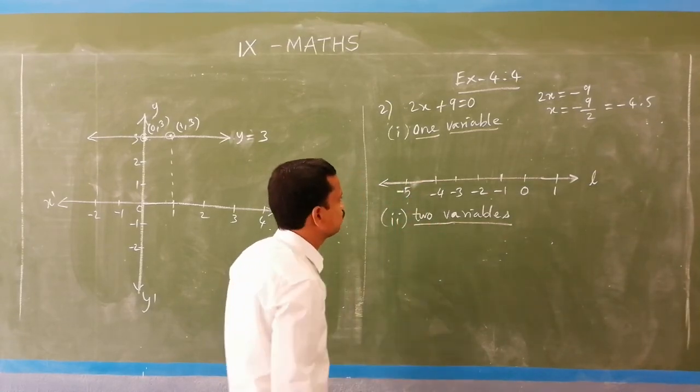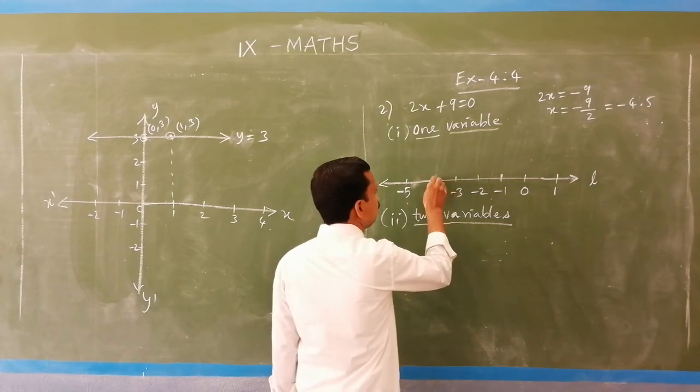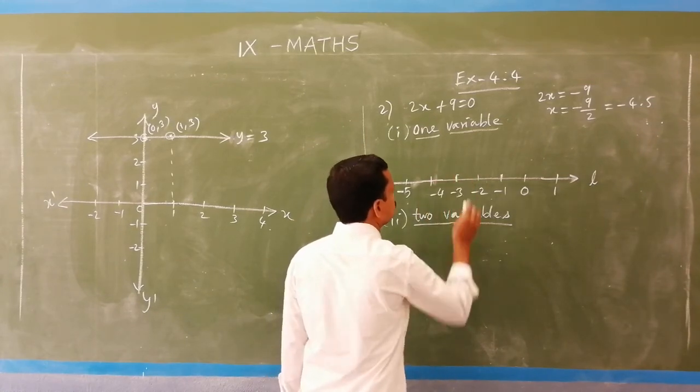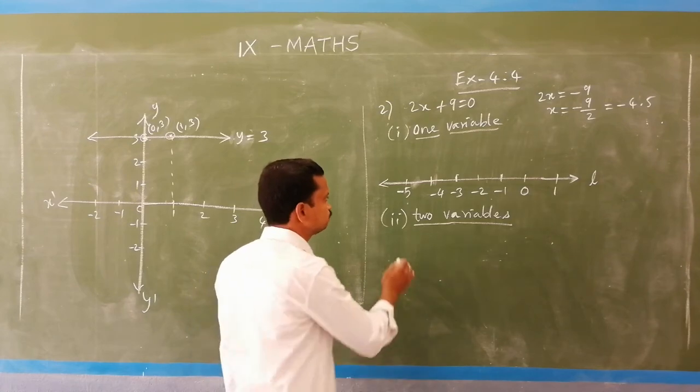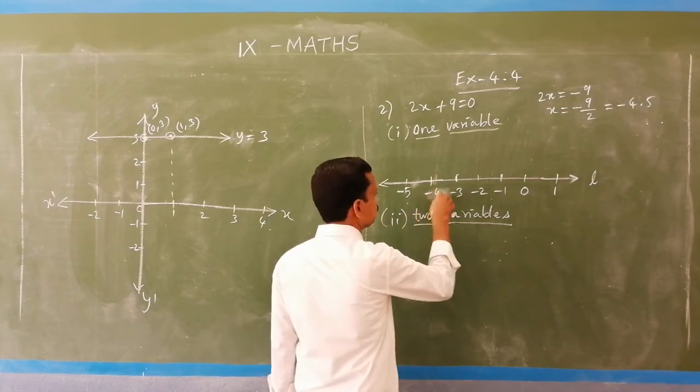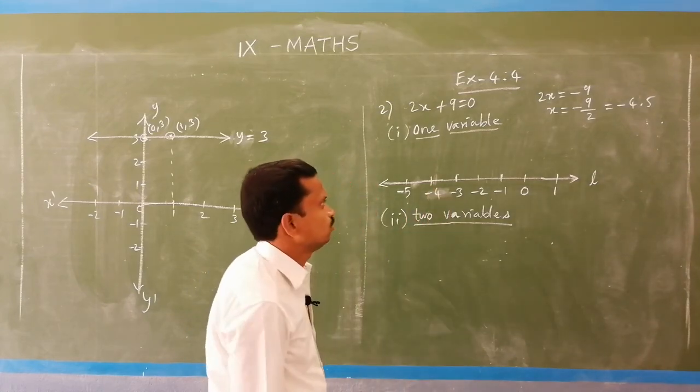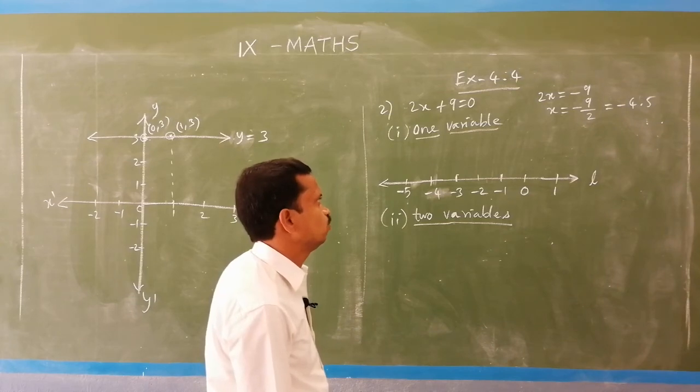Now we have to plot x equal to minus 4.5.